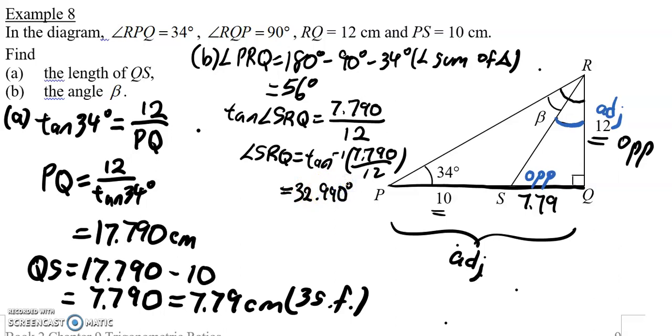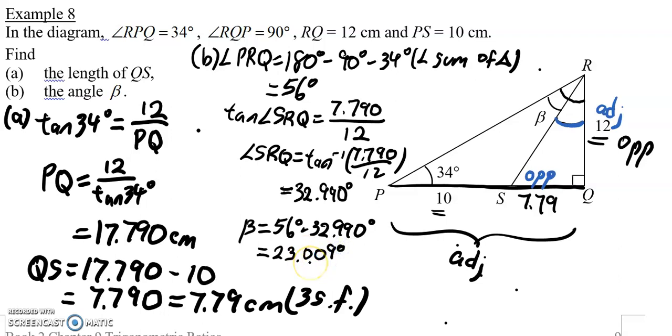So the final step to find beta is actually equal to 56 degrees minus 32.990 degrees. So this gives us 23.009 degrees.